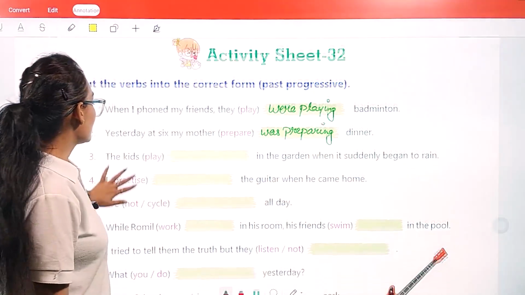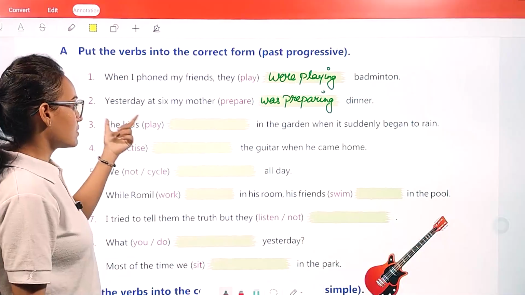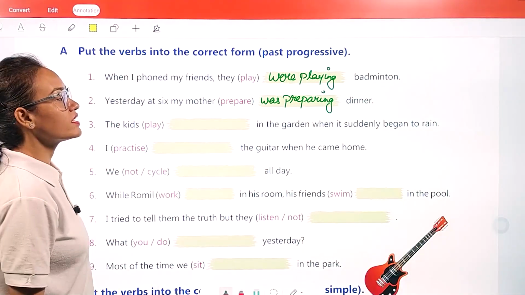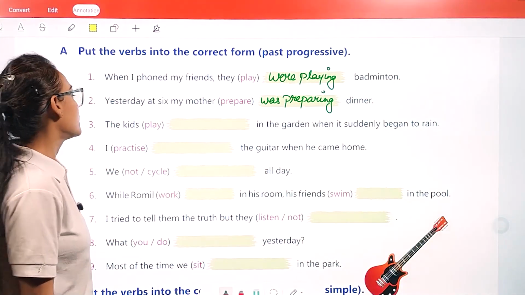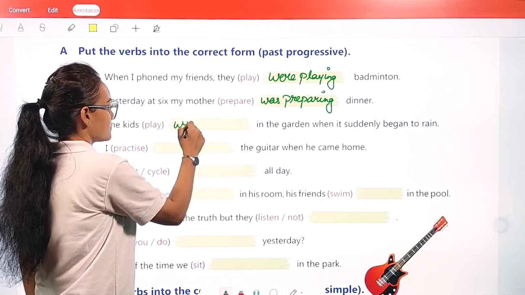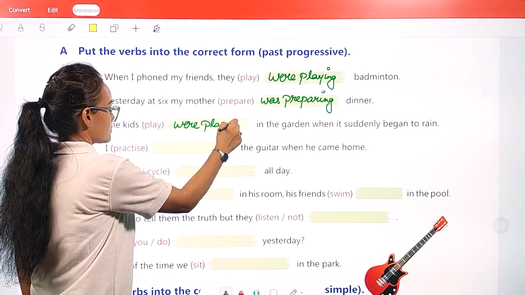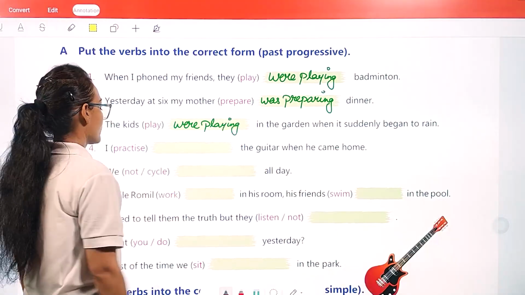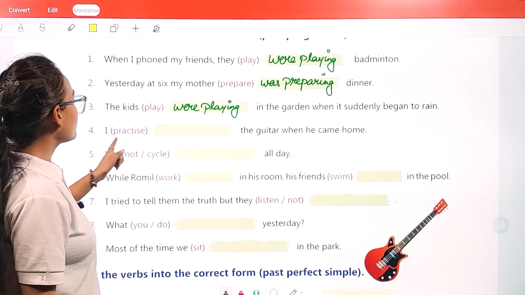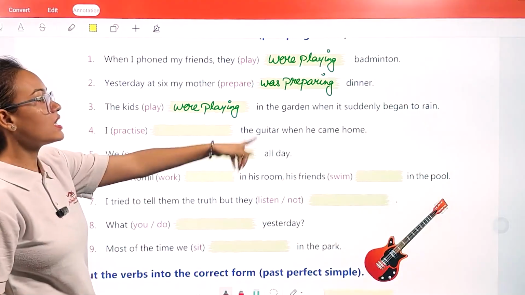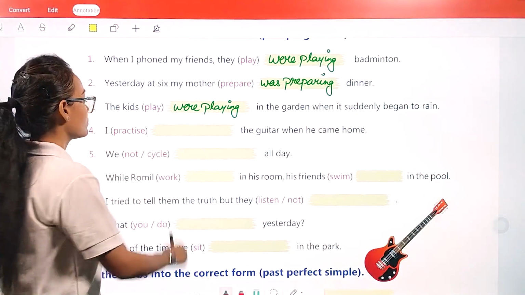Okay, then comes, the kids play in the garden when it suddenly began to rain. The kids were playing. Okay, I was practicing the guitar when he came home.